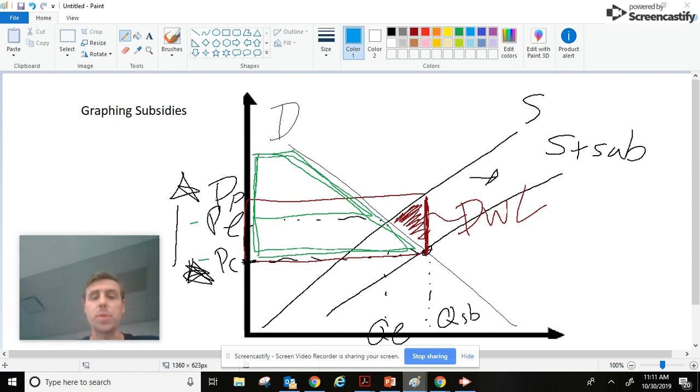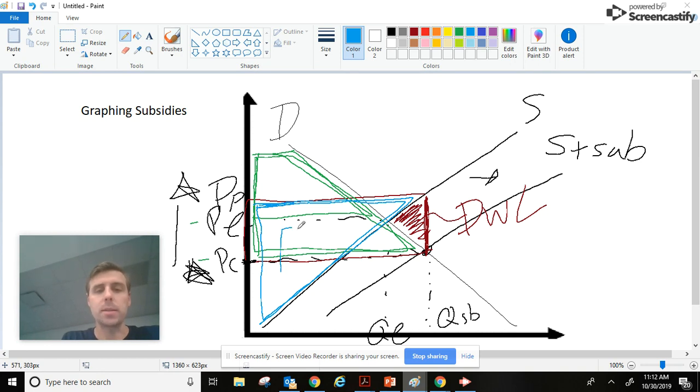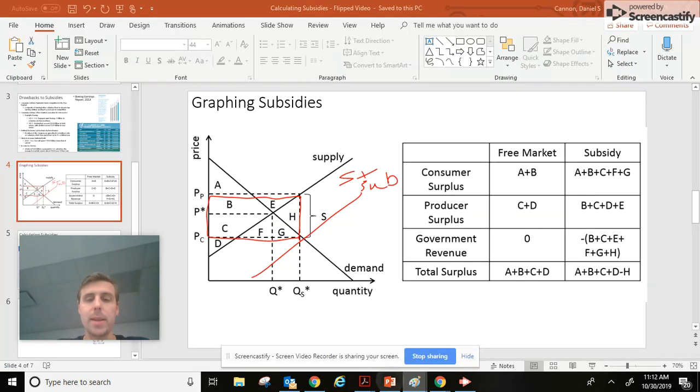Now, producers used to get their surplus all the way up to their original price of PE, but now they're getting all the way up to P sub P. So they've got this new surplus here. You'll see that they actually interact a little bit. They overlap. That's my producer surplus, and this is my consumer surplus. So they'll actually overlap quite a bit. But that's good because both groups benefit in that case.